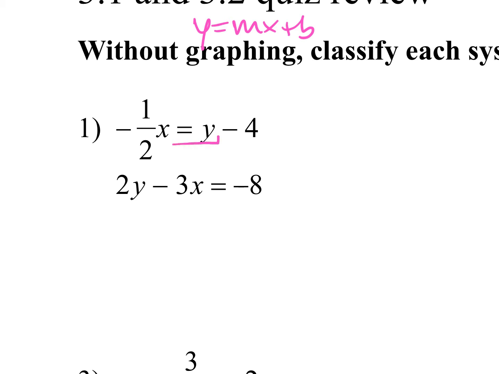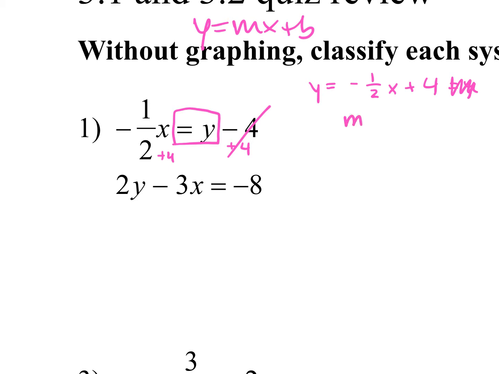So I have y equals here. How do I move that 4 to the other side? Add 4. So I'm just going to say y equals negative 1/2 x plus 4. So I just switched, instead of y being on the right side, I just moved it to the left.